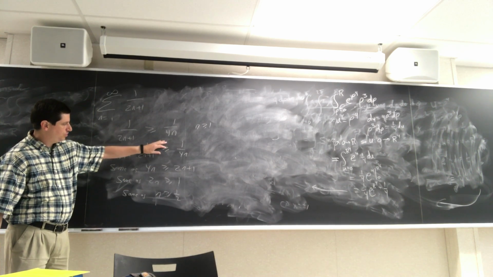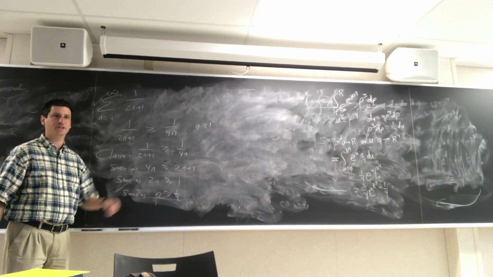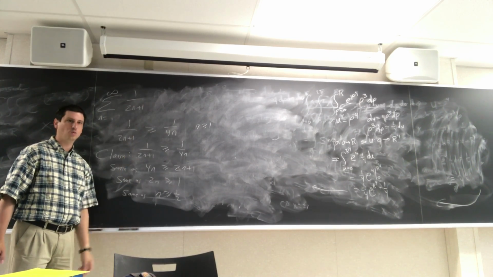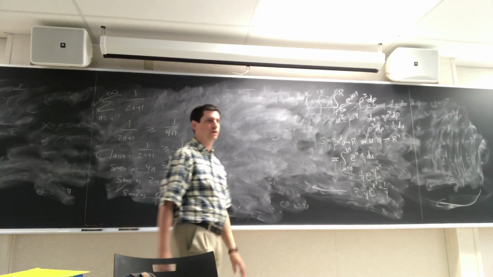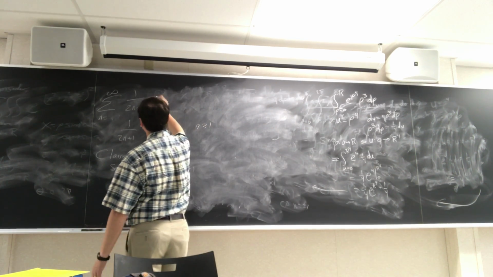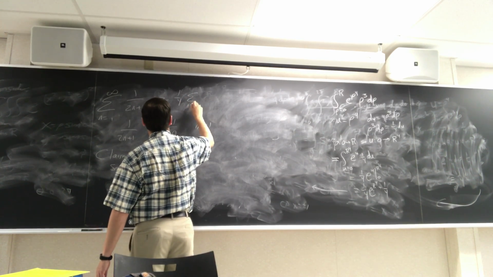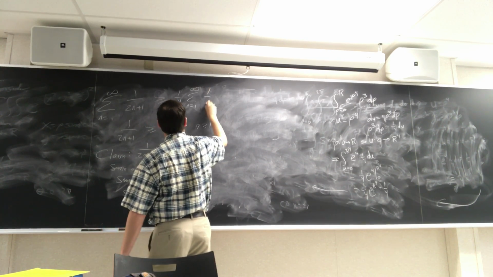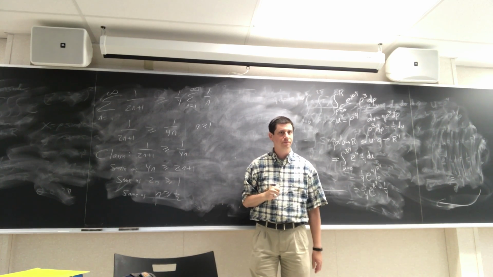So each statement is equivalent to the next. Since n is at least 1, we know 1 over 2n plus 1 is greater than or equal to 1 over 4n. And now you can say this is greater than or equal to 1/4 the sum from n equals 1 to infinity of 1 over n. And now you can use the comparison with the harmonic series.